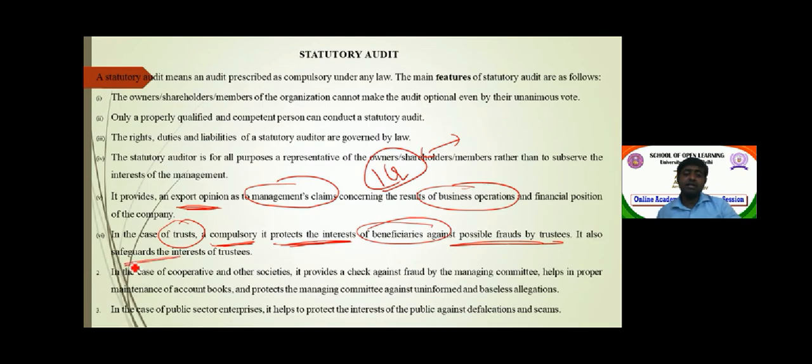So in order to safeguard the interest of those who have entrusted money to that particular trust, the statutory audit is conducted.